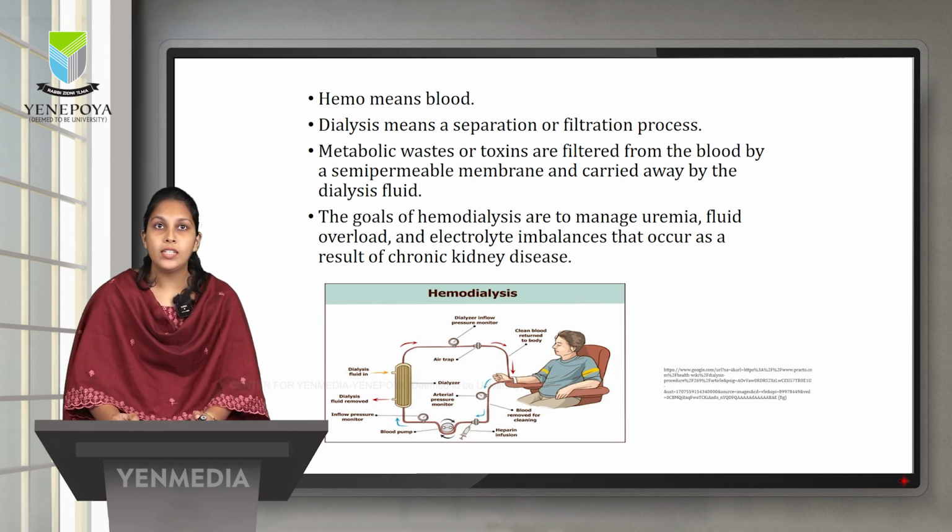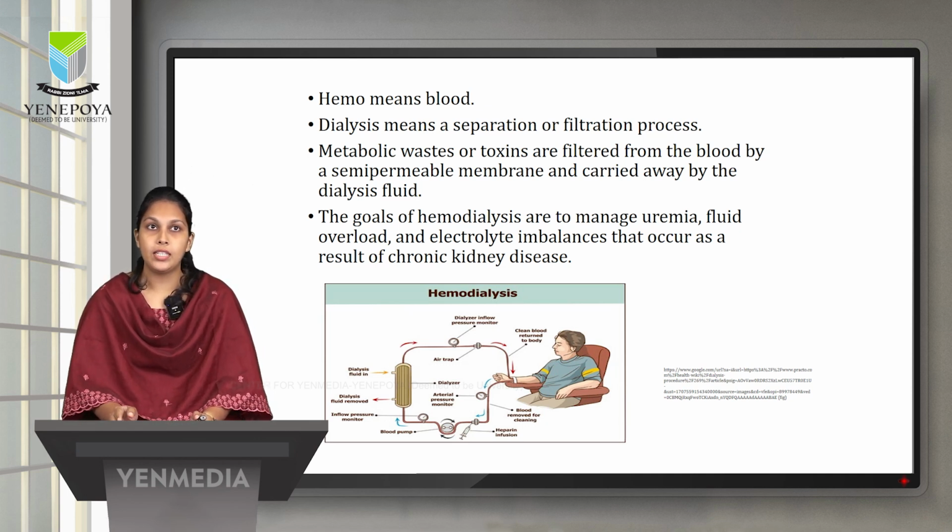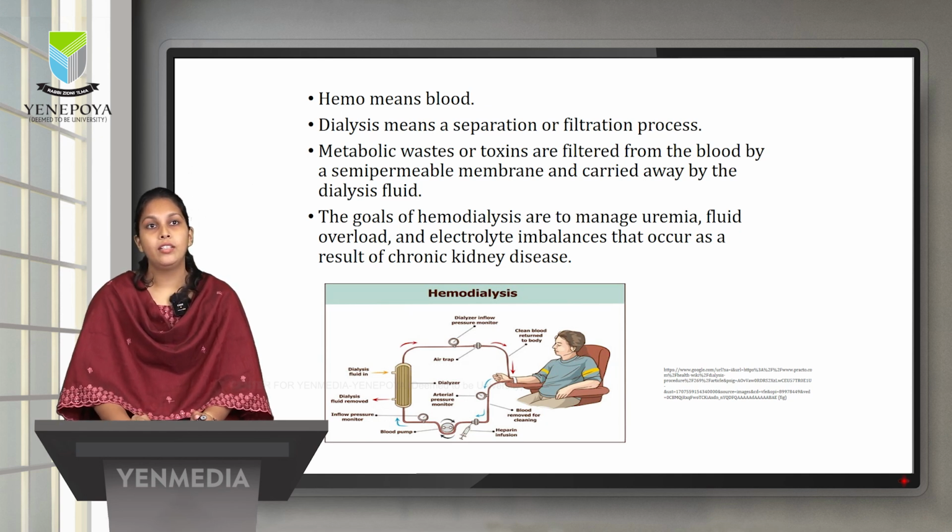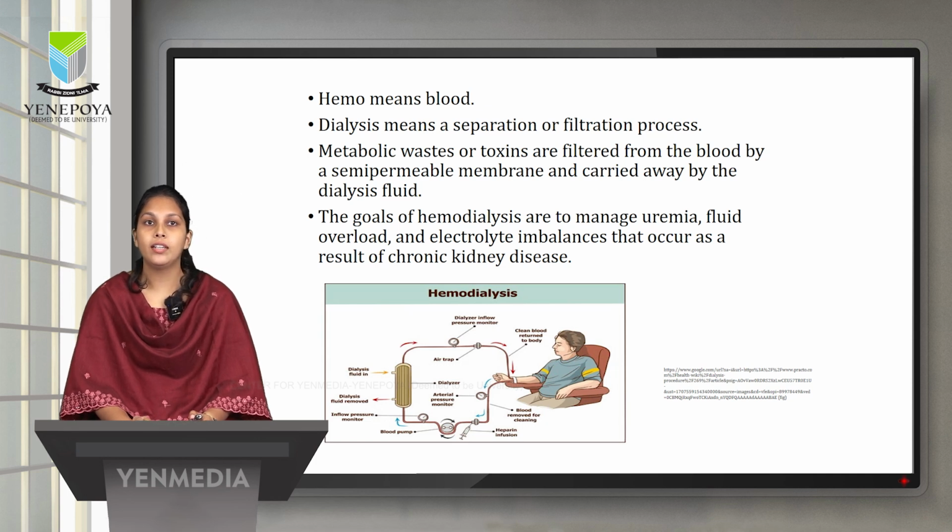Metabolic waste or toxins are filtered from the body by the semi-permeable membrane and carried away by the dialysis fluid. The goals of hemodialysis are to manage uremia, fluid overload and electrolyte imbalances that occur as a result of chronic kidney disease.